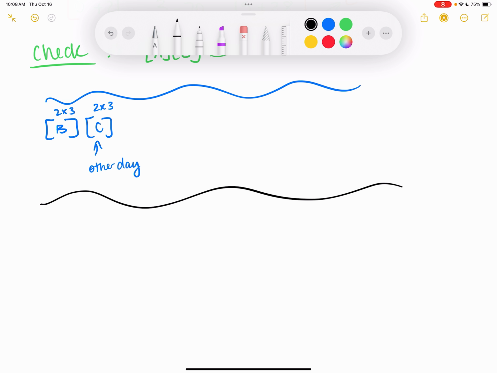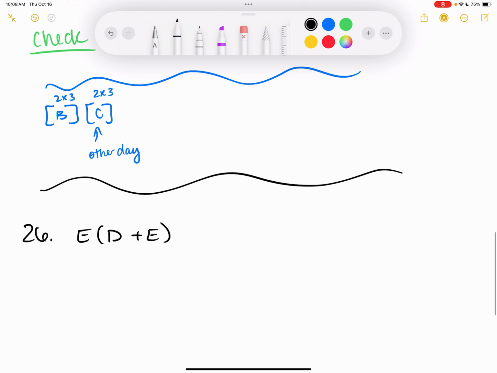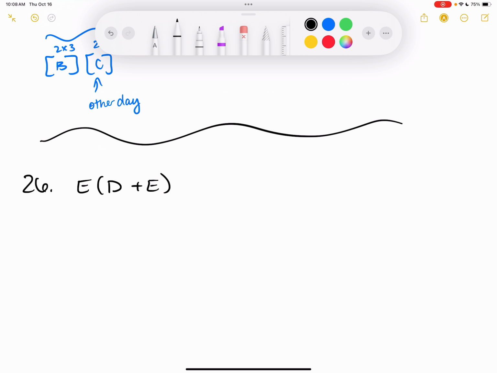Alright. So I'm going to just do number 26, which is E times D plus E. Okay, so matrix D is 1, 3, 2, negative 3, 1, 4, 2, 1, negative 2.